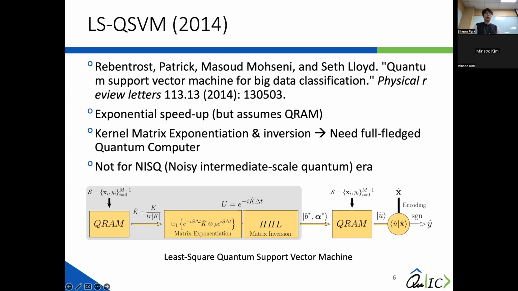The important thing about this algorithm is that it shows quantum advantage, or exponential speedup, compared to its classical counterpart. However, it requires subroutines like QRAM, HHL, and matrix exponential, which are not feasible on these computers. So it's good, but not practical.